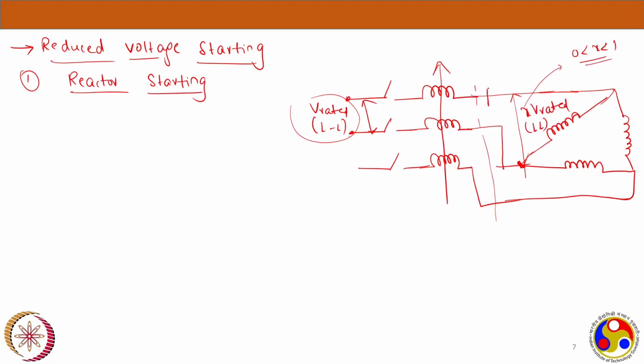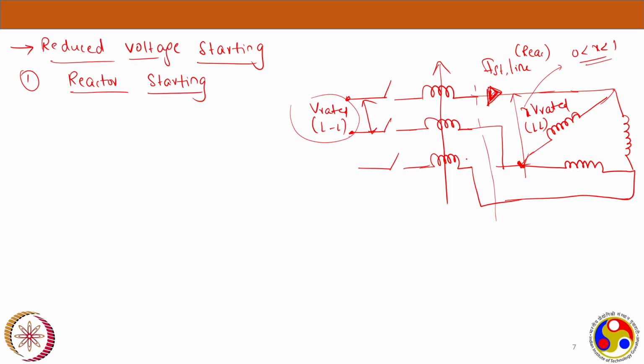So again, you will have some starting torque here. This is the starting torque, and the starting line current because of this reactor. And then you will have some X voltage applied here, and again there will be a starting current flowing in the winding because of the reactor.